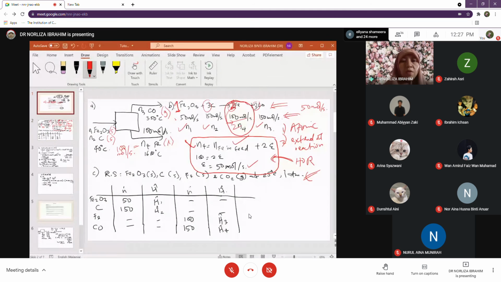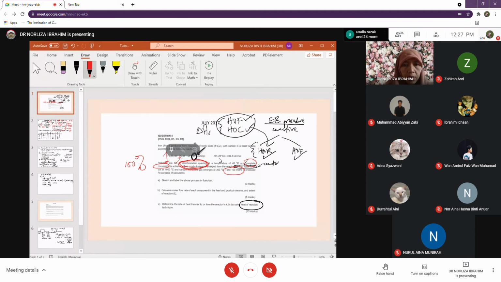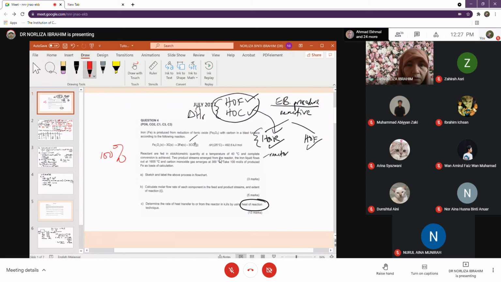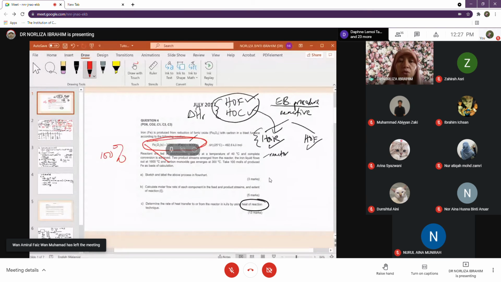Reactant and product of the reaction, I should use the reaction equation as my reference state. The reactants and products of the reaction, not the product of the reactor.